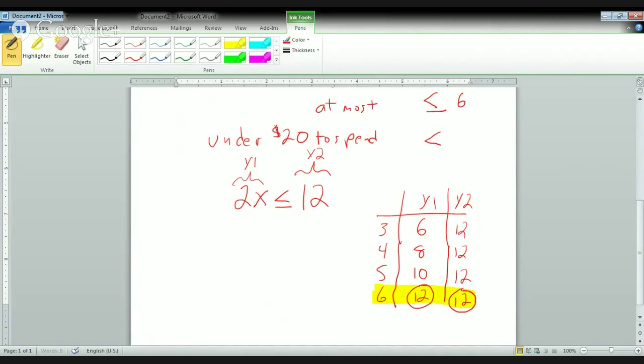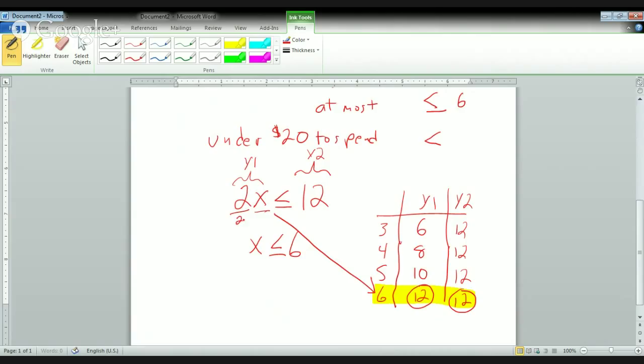That tells me that X right here would be this. So I know that my answer is X is less than or equal to 6.